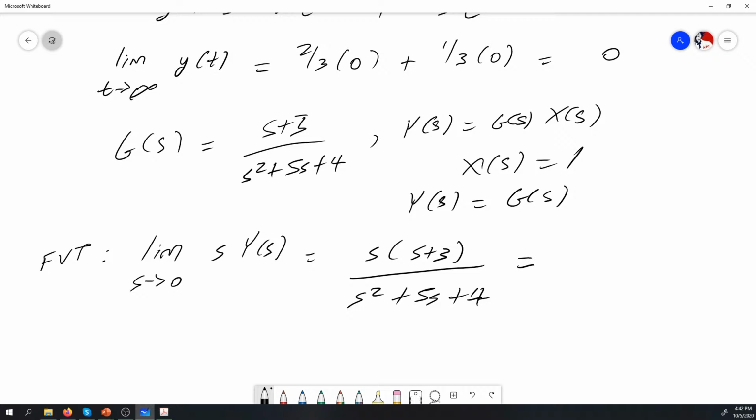And basically we can see here that the numerator will evaluate to 0, the denominator here will evaluate to 4, so we get a value of 0 here accordingly, which basically maps our two responses here in order to obtain our actual answer for the steady state value results.